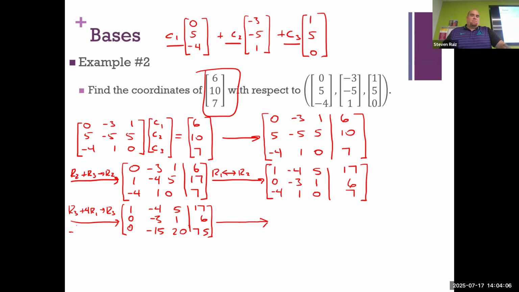Go ahead and scale. I'm going to divide that row by negative 5. I think we're very close to almost there. Maybe one move away. I think adding row 2 and row 3 would be able to get us a constant right away. Where do you want to put that? Row 2 or row 3?